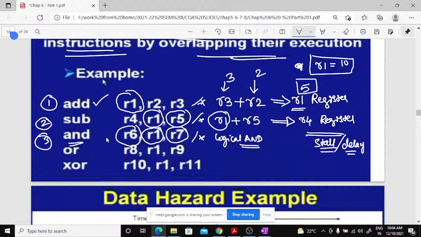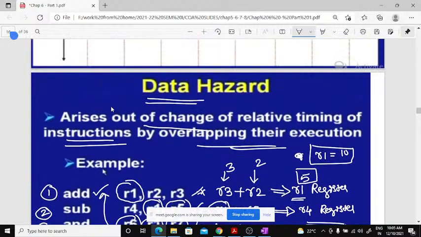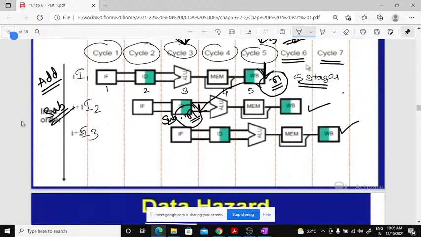So it stores the result in R6 register, but here also there is a dependency, means this instruction also depends upon the first instruction result.